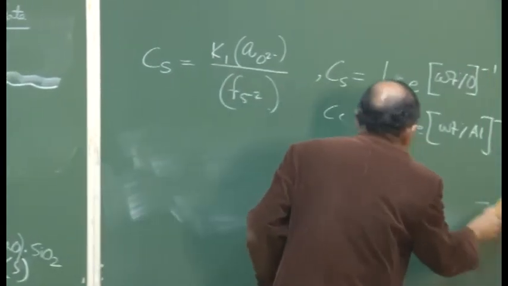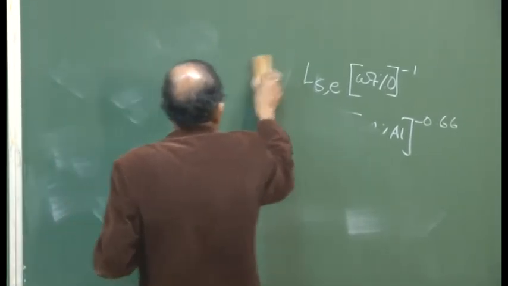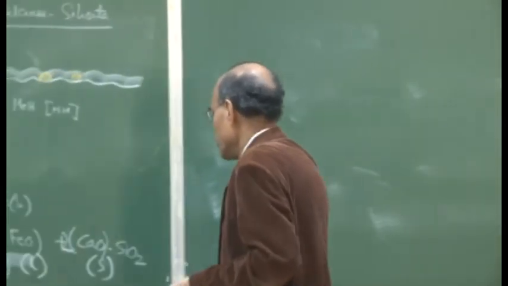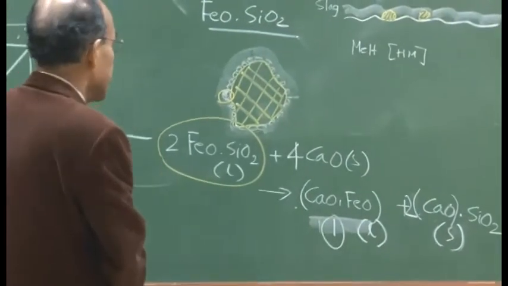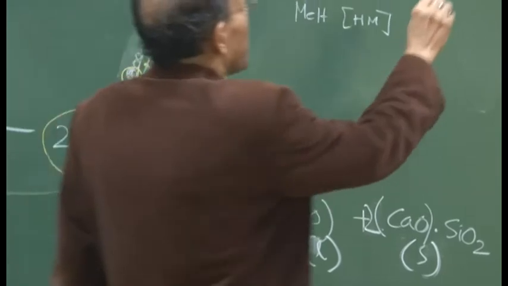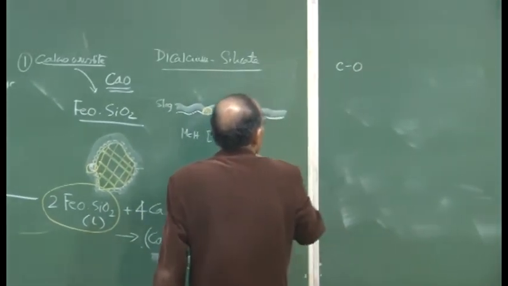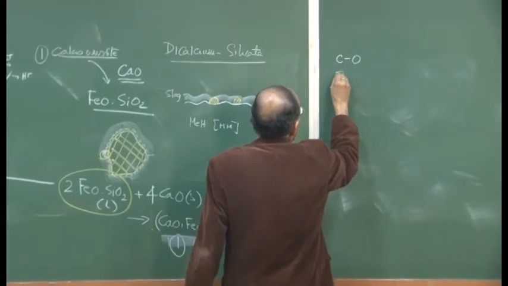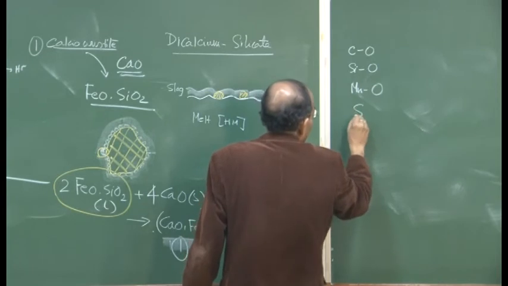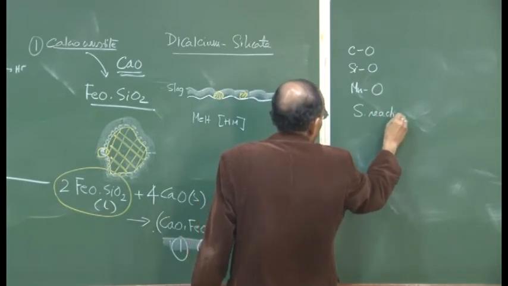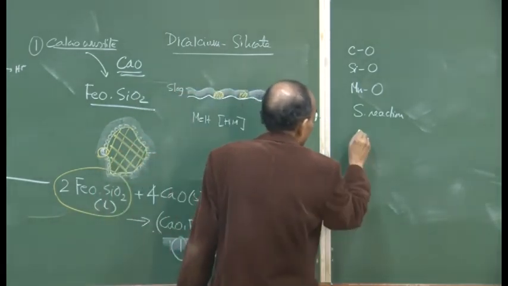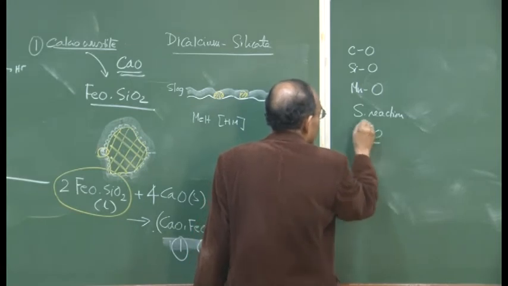So we have discussed all the 5 reactions. We have discussed the carbon oxygen reaction, the silicon oxygen reactions, the manganese oxygen reaction, not much. The sulfur reaction we have also covered in the context of blast furnace, steelmaking and pretreatment, and we have also covered phosphorus reactions.